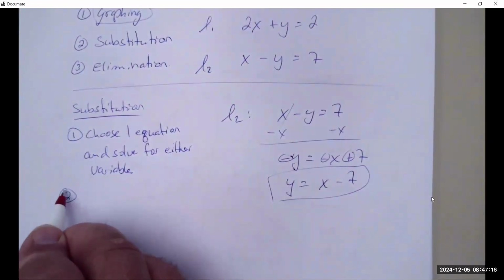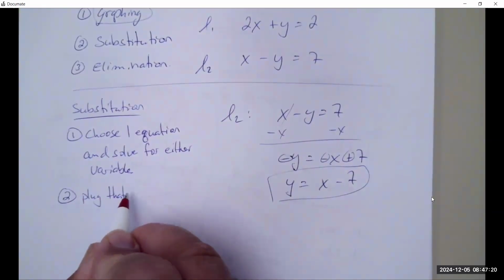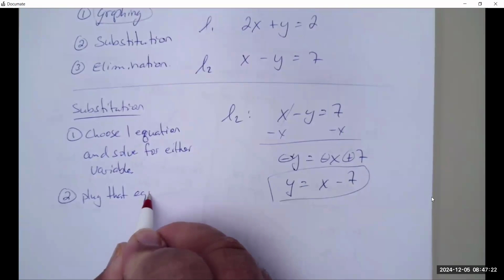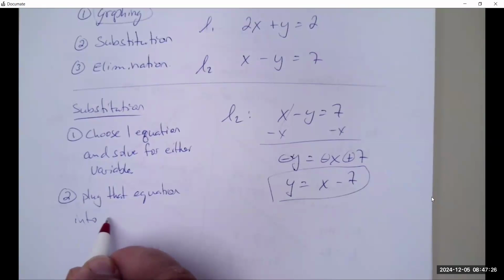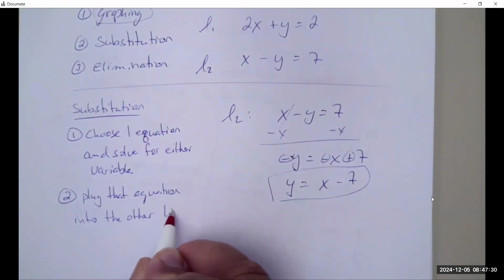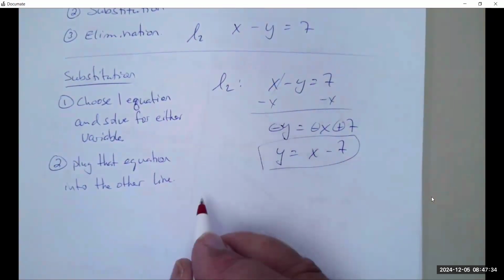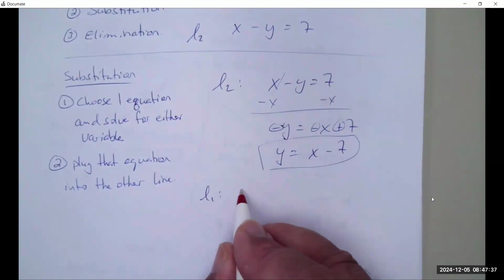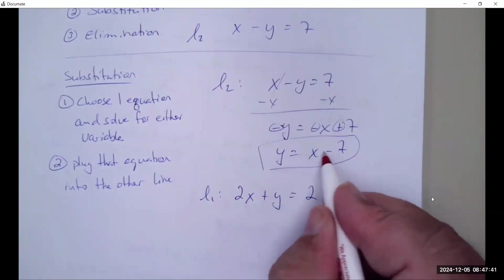So second step. Substitute the x minus 7 for every y in the other. Plug that equation into the other line. Since I used line 2 first, I have to use line 1 in this one. So I have 2x plus y equals 2.